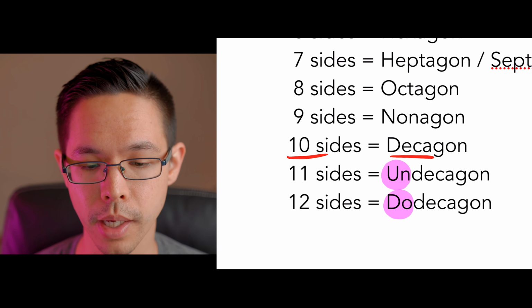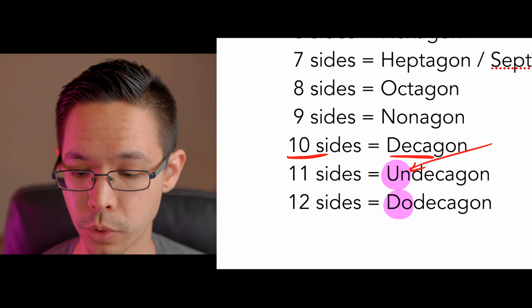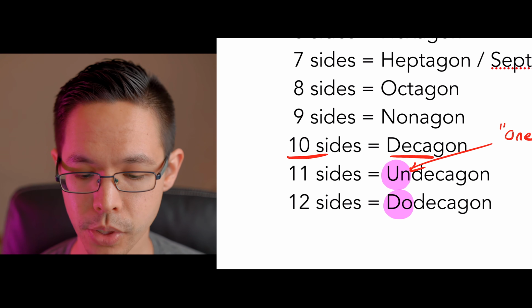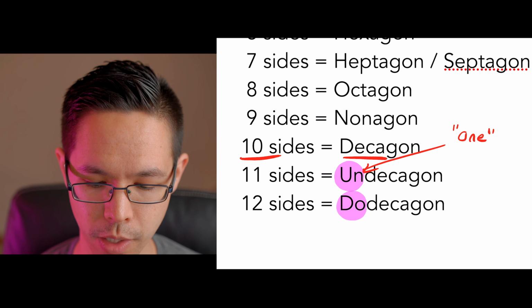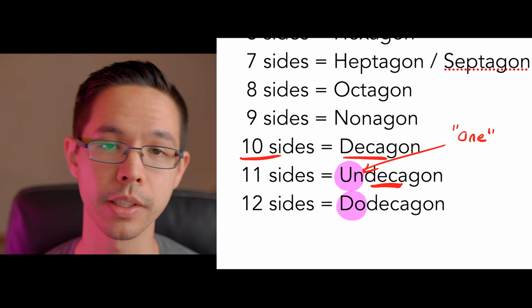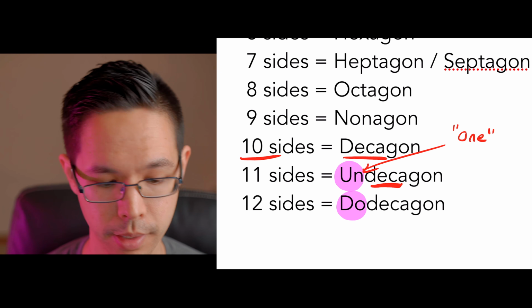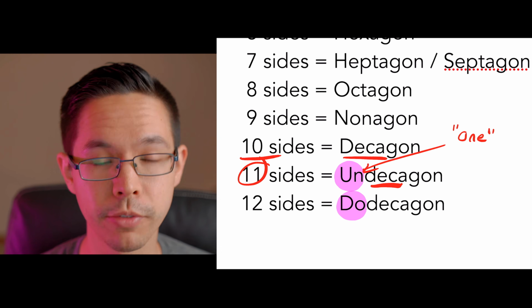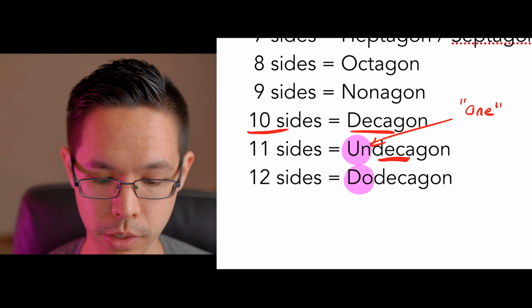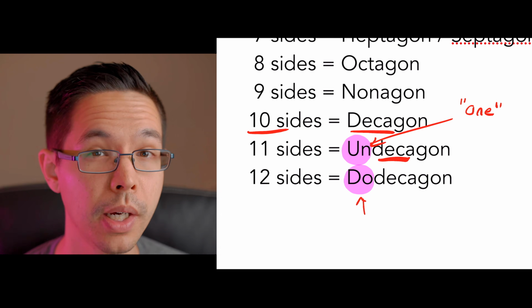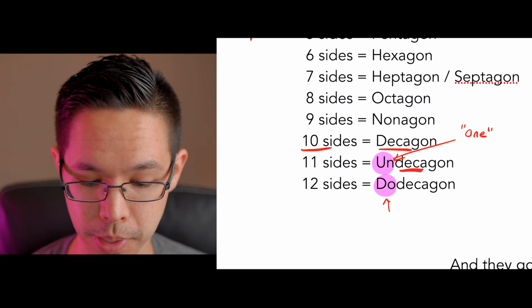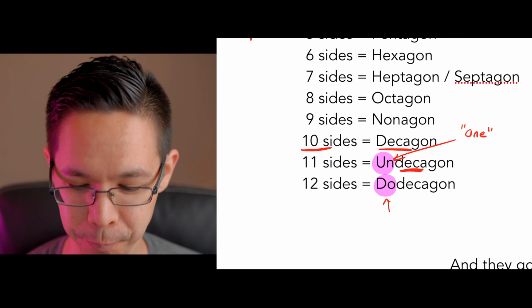So un is the prefix or the word for 1. If we try and unpack that, we're basically saying 1 and deca next to it, so 1 and 10 together makes 11. I presume we've got something similar for dodecagon, where do perhaps means 2. I don't know Spanish, but let's go with that idea for now.